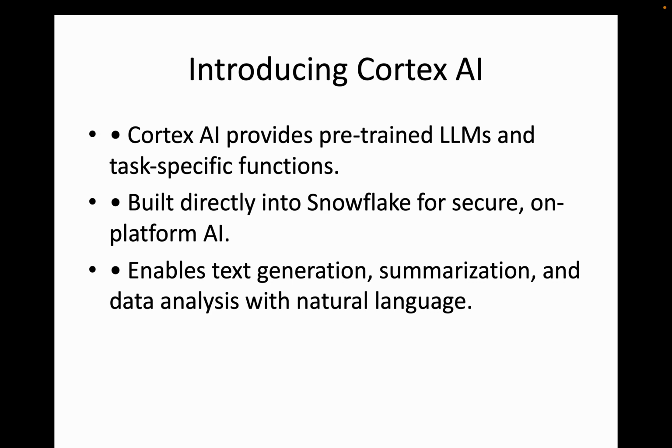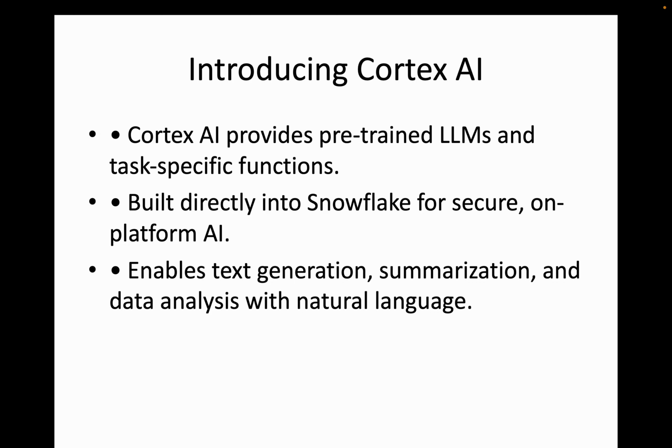These are built directly into Snowflake for secure on-platform AI, and it has enabled text generation, summarization, data analysis. Like we can give a prompt to the Snowflake to give some description on a topic, or we can always classify a text, or we can summarize the text, as we have seen with NLP, with natural language processing. And don't worry about the model, you don't have to go deep into that.